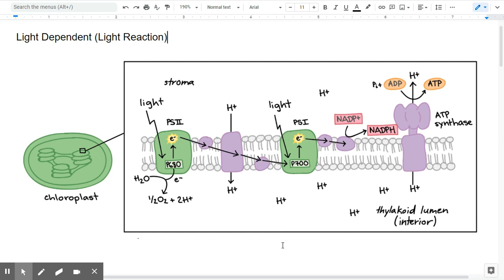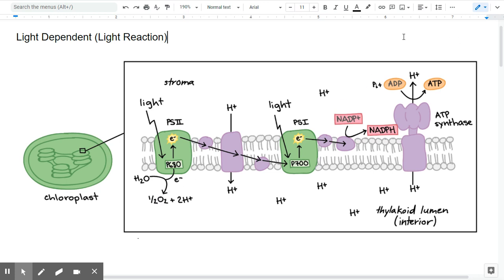In summary, the most important parts to remember in this is that light comes in, splits water so that we can use our hydrogens to make ATP and NADPH. And then lastly, we breathe out, or get rid of, the unused oxygen.